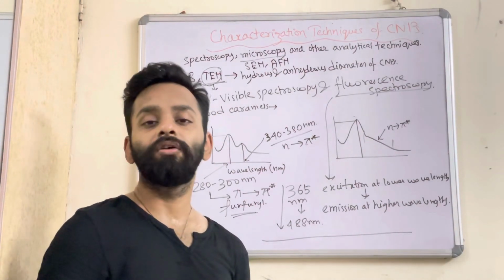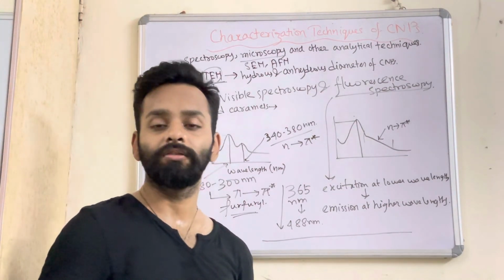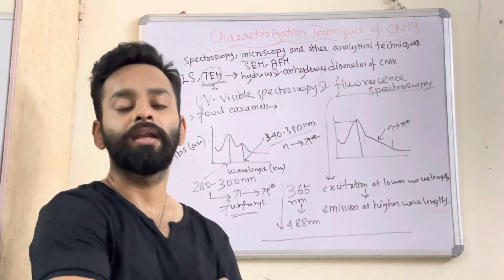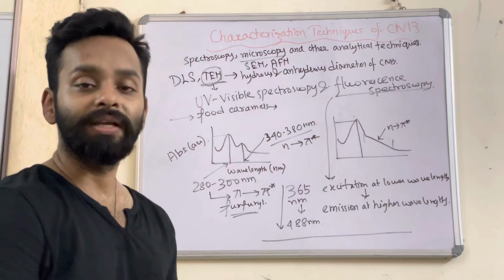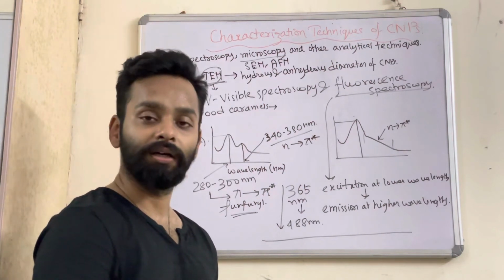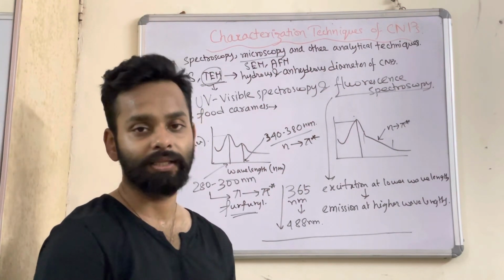So in this video we had seen the different methods of carbon nanoparticle synthesis. Now some of these methods are widely or routinely used for measuring the efficacy of carbon nanoparticle synthesis.